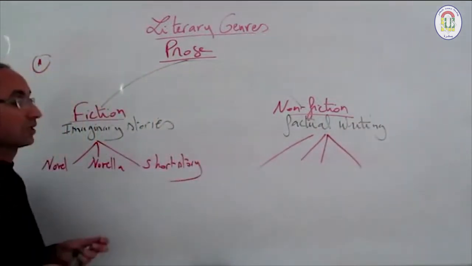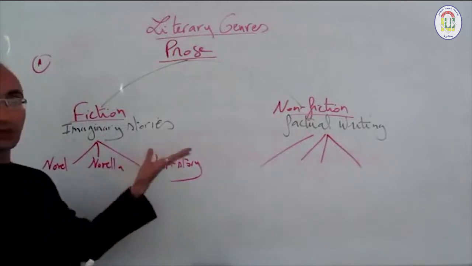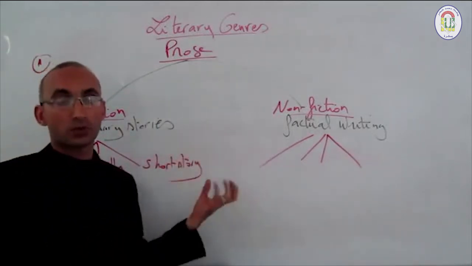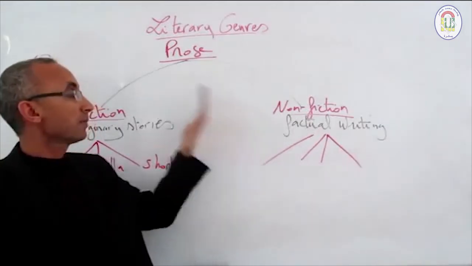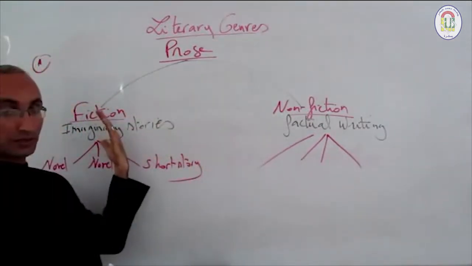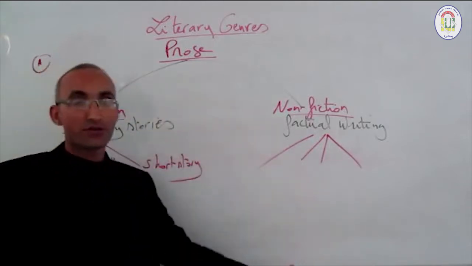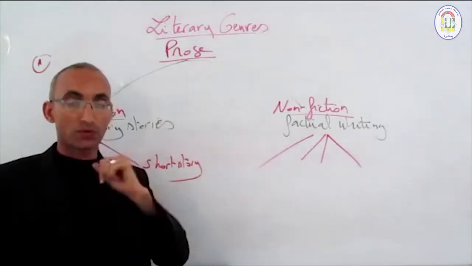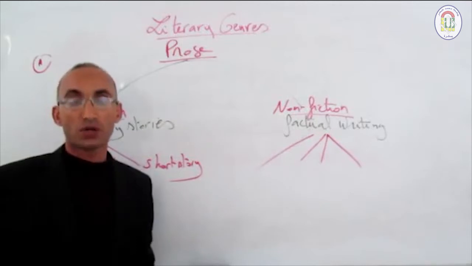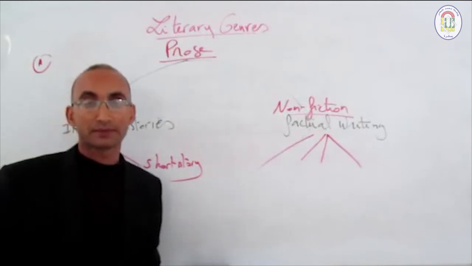Clear. Factual writing. So this is concerning the first genre, which is prose, with its two major categories: fiction, imagination, and non-fiction. Now let's move on to the next or the second genre, which is verse or poetry.